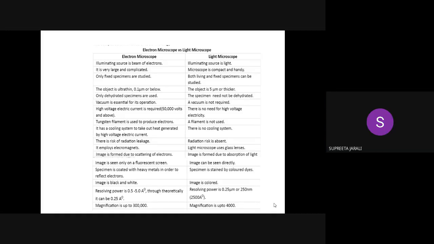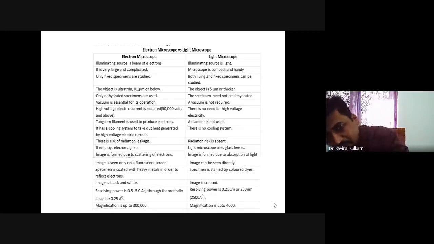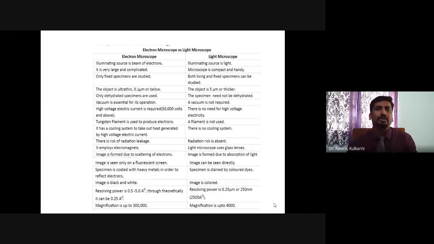Yes, sir. So here, what we do is we use electron microscopes. You use an electron gun. What is the size of an electron? 10 raised to minus 18 meters, right? So you can image with electrons. That is the reason we use electron microscopes.